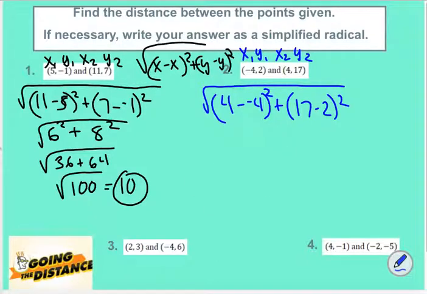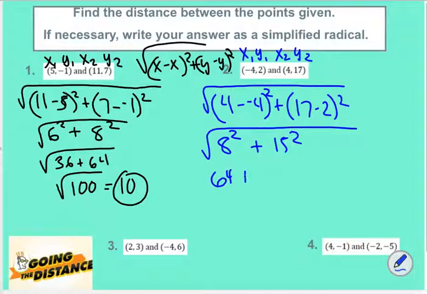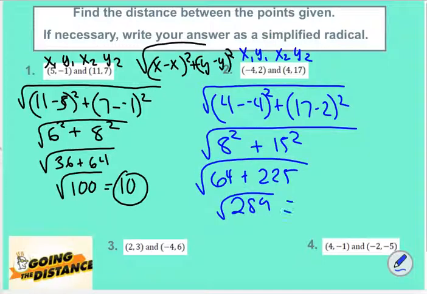It's not 0. 4 minus a negative 4 is 8 squared. Plus 17 minus 2 is 15 squared. So 8 squared is 64. 15 squared, 225. Those together, 289. Square root that, and you should get 17. So 17 is my answer.